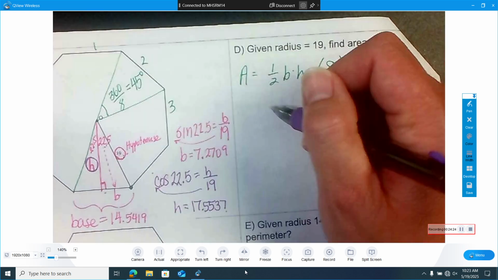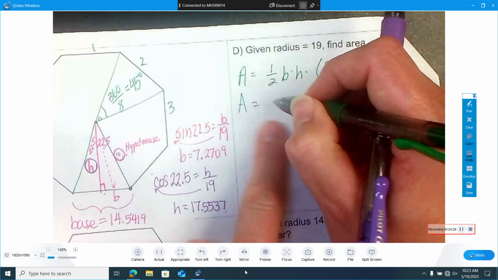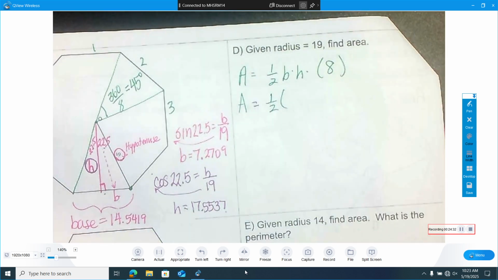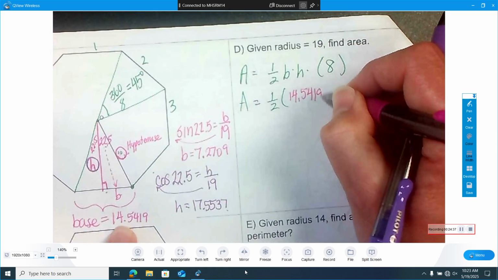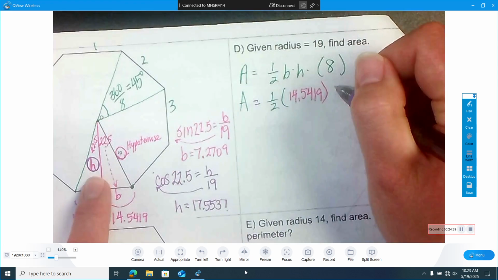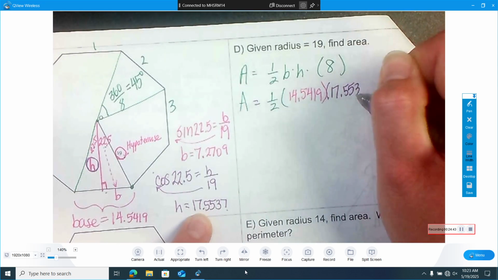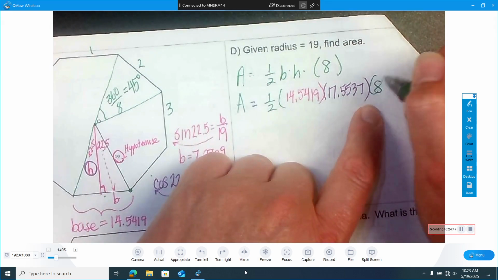Fantastic. So now, to find the area, I'm going to do 1/2 my whole base, which is 14.5419, times my height, which was 17.5537, and we had 8 triangles.